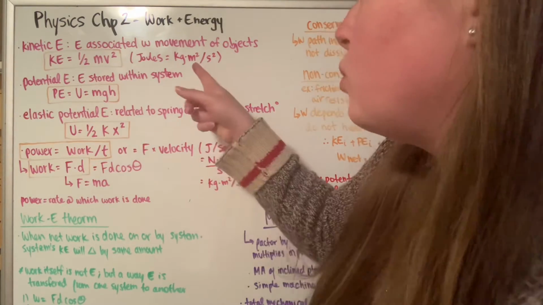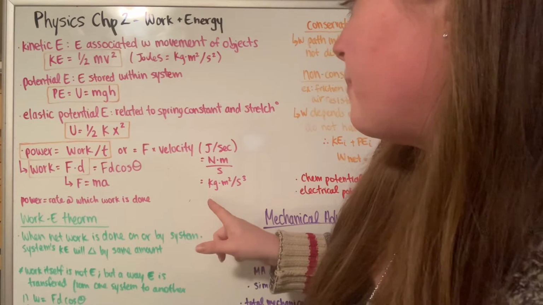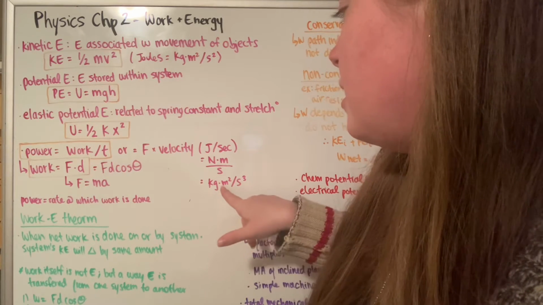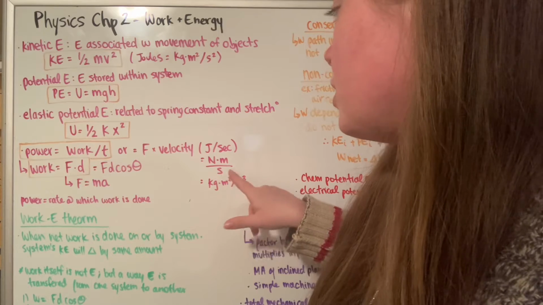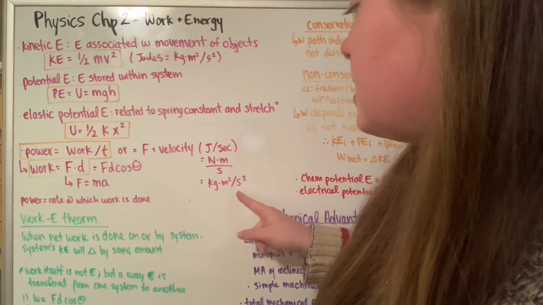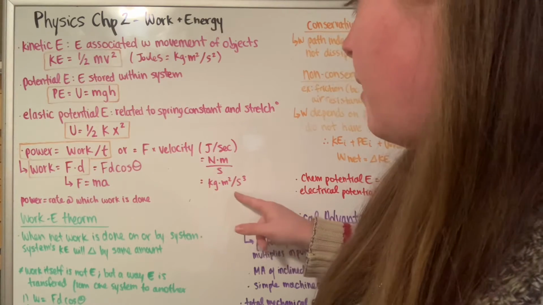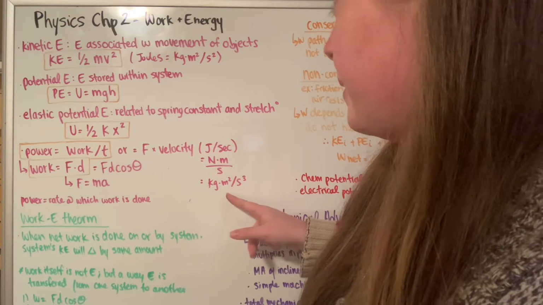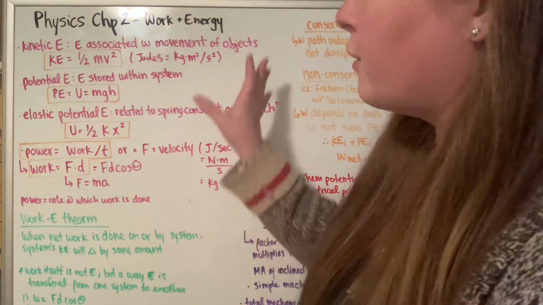Or again, a joule, like we said up here, is kilogram times meters squared over seconds squared, but then it's over seconds, which means you need this to be seconds cubed if you're using this for power. So this is just the varieties of the formulas.